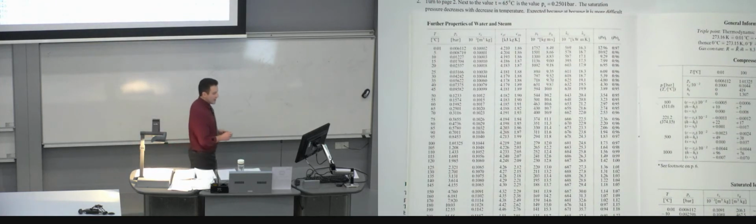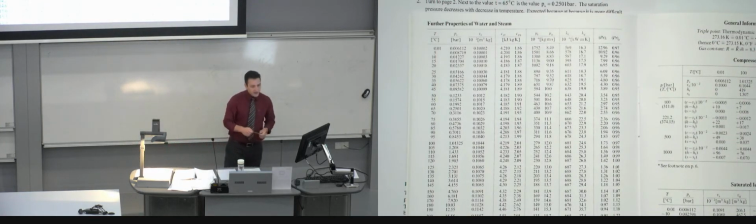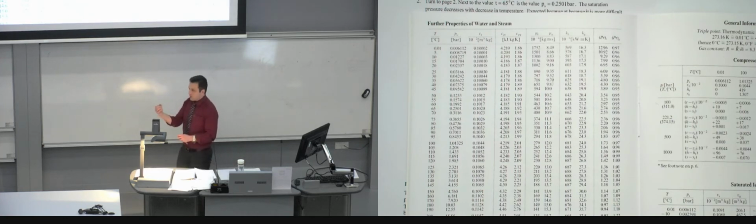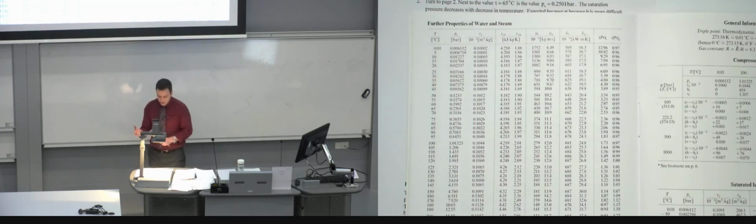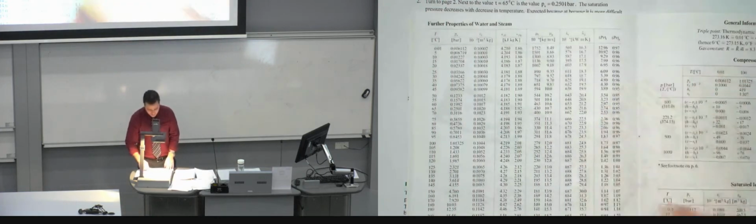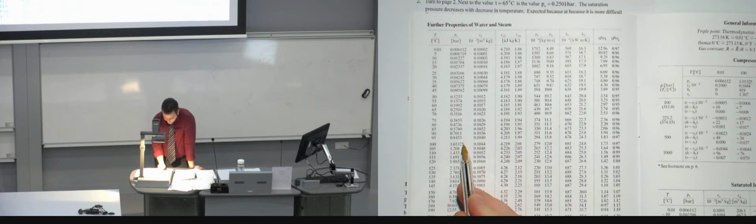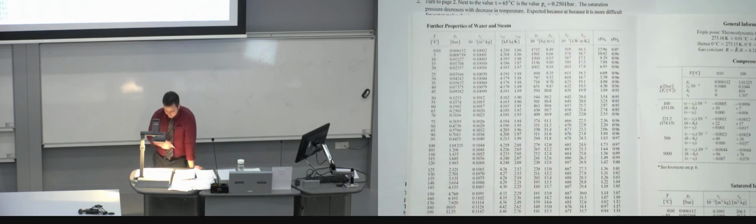Why? Because Vf is a property relevant to the liquid form of water, and therefore you will find it on this page. Now, at what pressure do we have to find this? Going back to the value of 1.01325, which is exactly at 100 Celsius, this is the value of Vf, 0.1044.